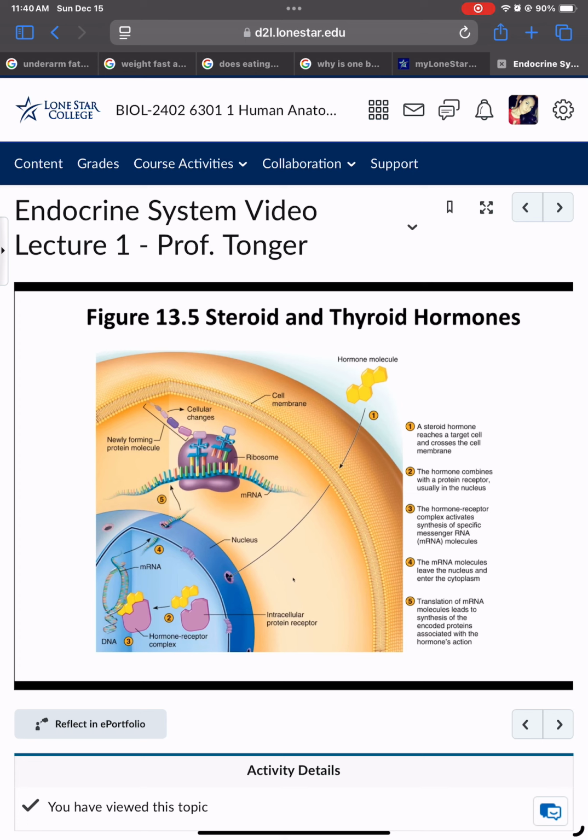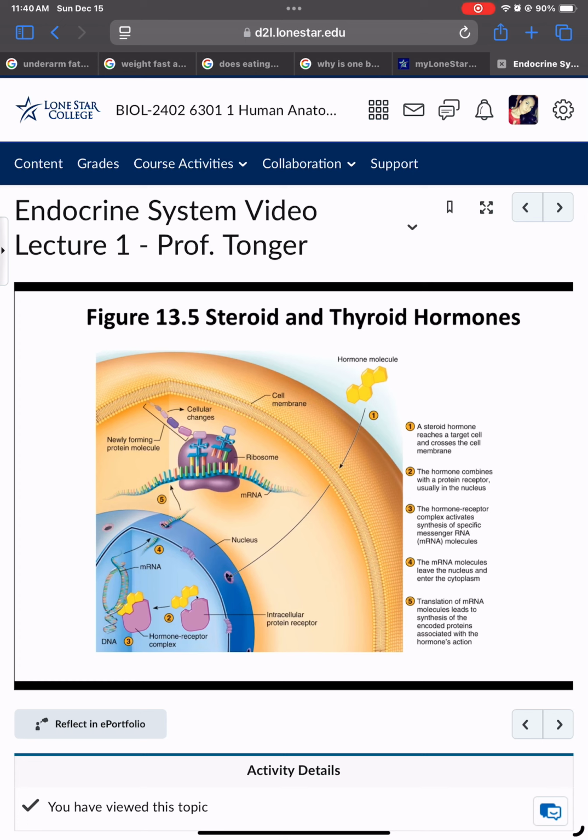It can either bind to a protein over here to alter the metabolism, or it can go inside the nucleus, like you can see here, and bind to a protein receptor inside the nucleus.